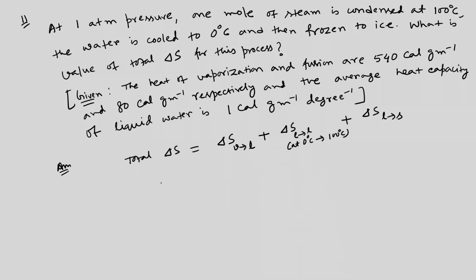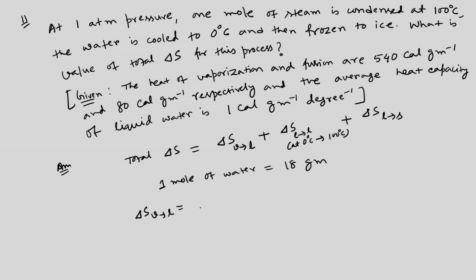Okay. So, we have 1 mole of water. Everything is expressed here in terms of per gram. So, 1 mole of water is equal to 18 gram. Okay. So, delta S vapor to liquid for this condensation process.